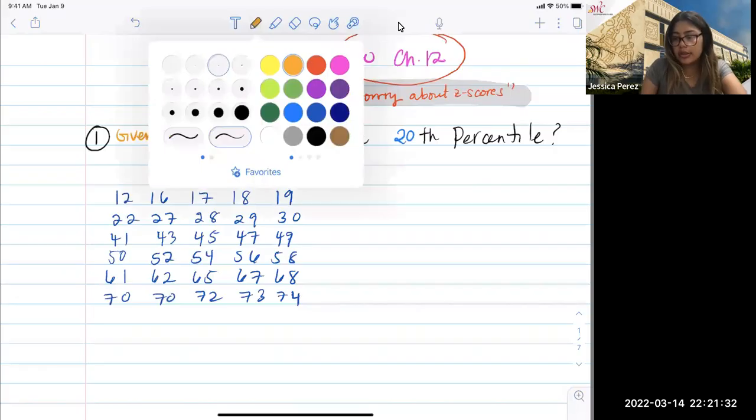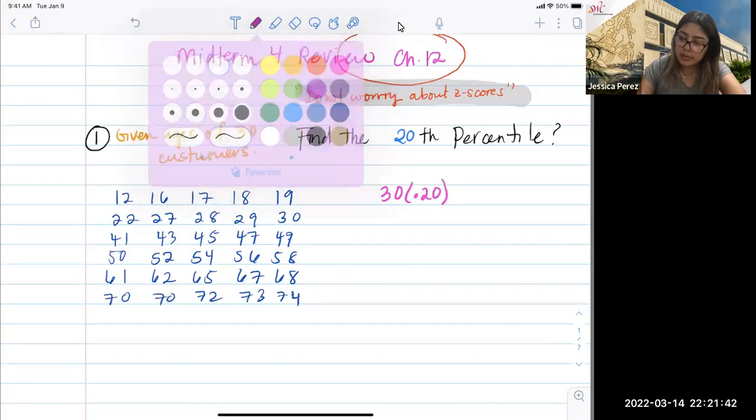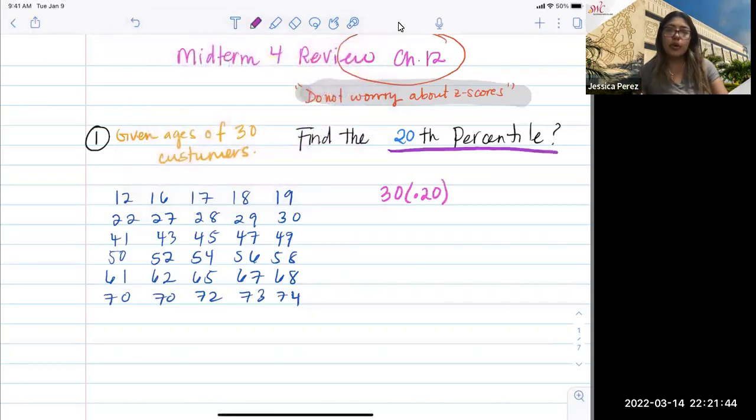So to do that, since we have 30 of them, we have to multiply it by 0.20. How did I get this 0.20? 0.20 is actually the percentile. So you're going to be taking your calculator and putting in 30 times 0.20.